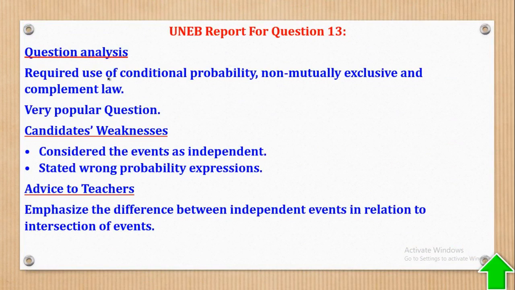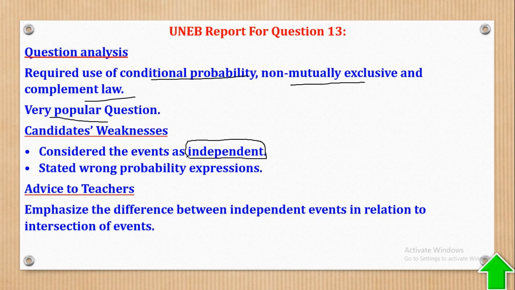So the question required use of conditional probability, non-mutually exclusive events, and complement law. So the question was very popular, meaning that it appears frequently in the previous past papers. The weakness of candidates is that they consider the events as independent. So when they don't say that the events are independent, they are not independent.